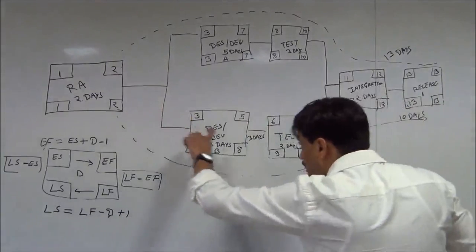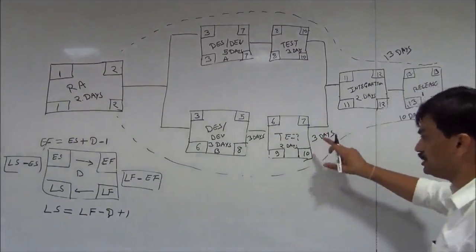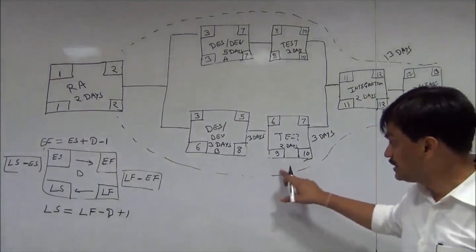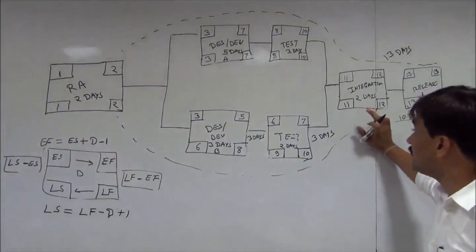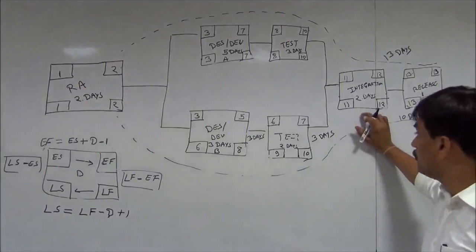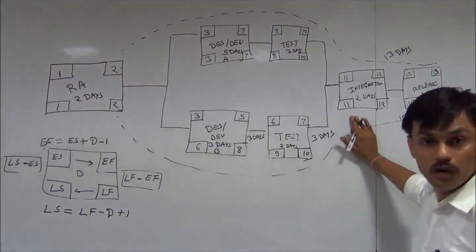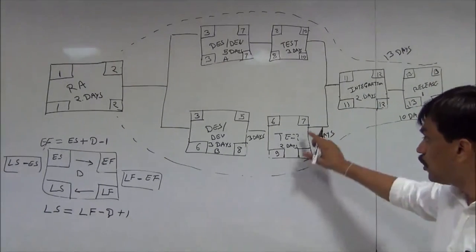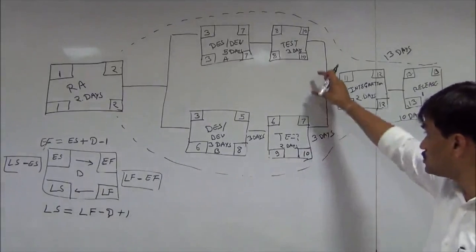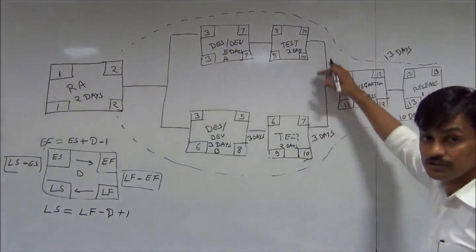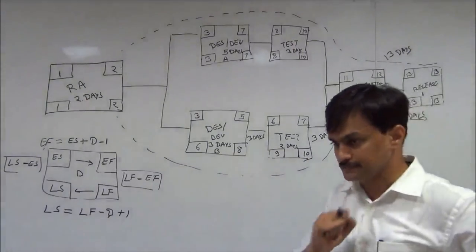This particular path has a total float, a slack, of 3 days. So any of these two activities can delay by 3 days without delaying the integration activity, because integration activity will start on day 11 only. Even if they finish on day 7, which is their early finish, there would be a waiting, because the integration can only happen when these two modules are available. So this is what represents slack.